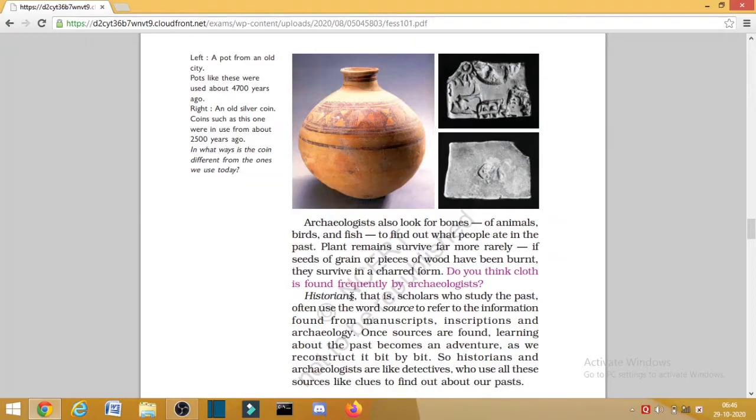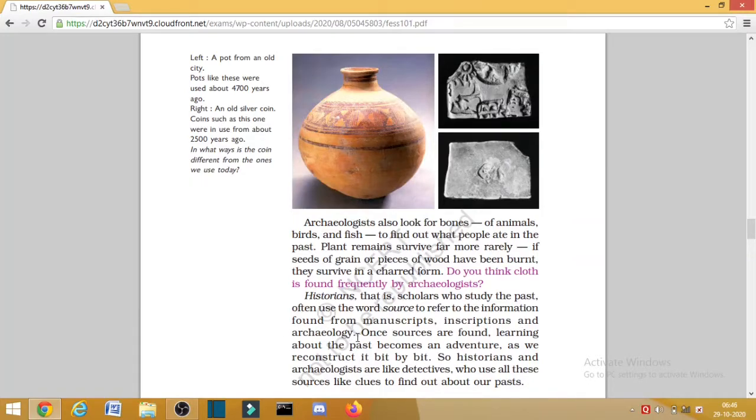Historians, that is, scholars who study the past, often use the word source to refer to the information found from manuscripts, inscriptions, and archaeology.